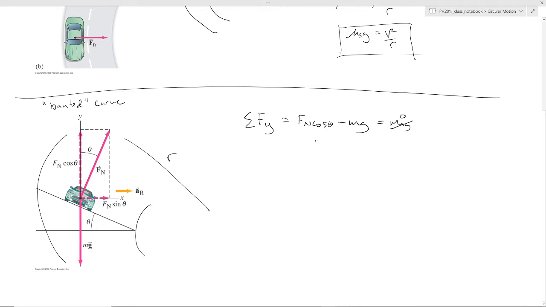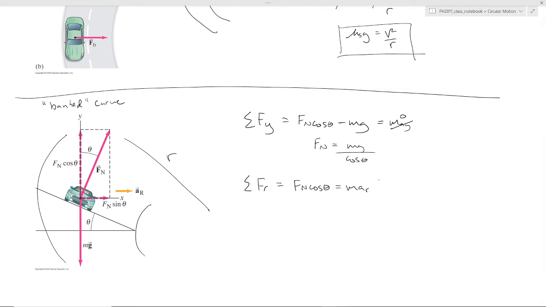But this gives us an expression for the normal force that we'll be able to make use of. And then if we look in the r direction, towards the center of the circle, we have the component of the normal force that's pointed inward. And we know that that's going to equal the mass times the centripetal acceleration.